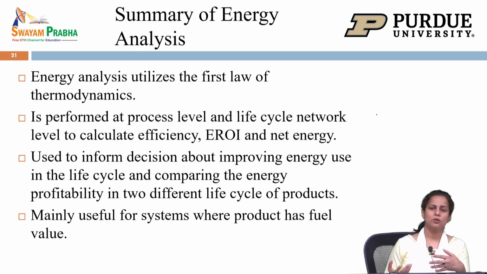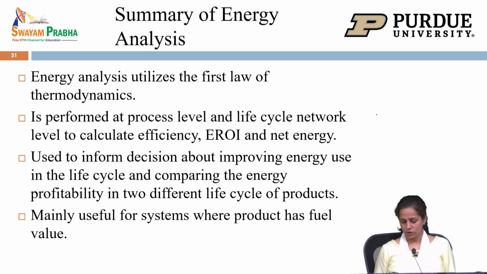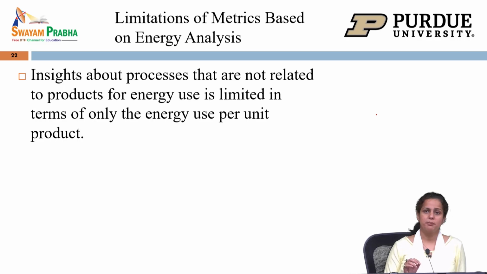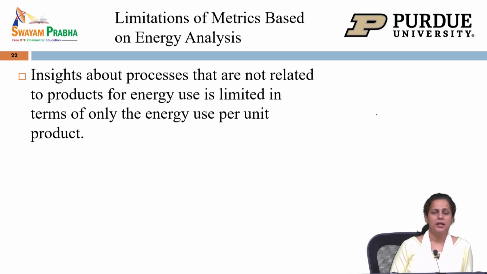If the product does not have fuel value, all we can do is calculate the life cycle energy consumption and say that one system is consuming more energy than another, but we cannot make a decision about what is the worth of that product. So, that leads us to understanding the limitation of the metrics based on energy analysis.